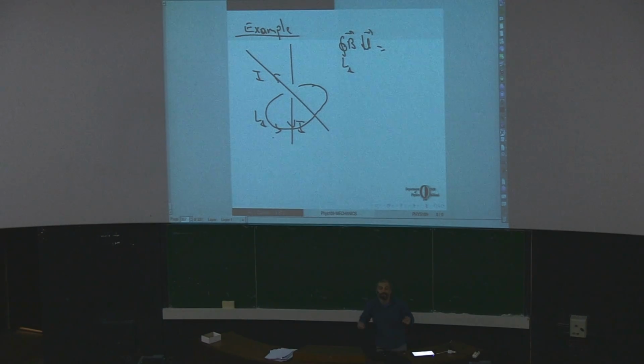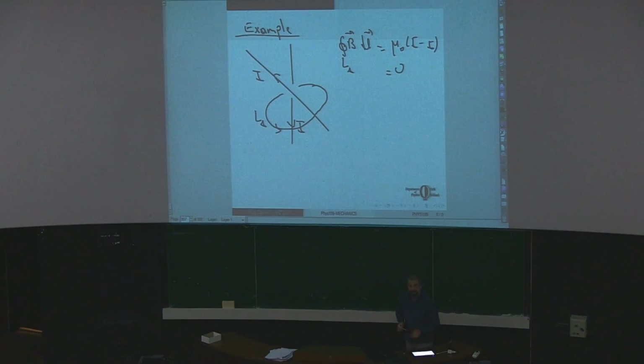Does it depend on that angle? The magnetic field in this case is not zero. Both of the wires create a magnetic field. Nevertheless, according to Ampere's law, this is equal to mu zero, I minus I. This is equal to zero.